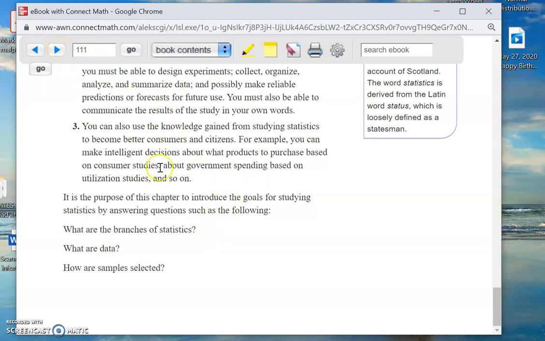Now, let me mention one more thing here. The word data is a little bit confusing. There are not very many words from the English language that come right from Latin, but here's one of them. Datum, D-A-T-U-M, is a single data point. If I measure Johnny's height, that is a datum, otherwise known as a data point.